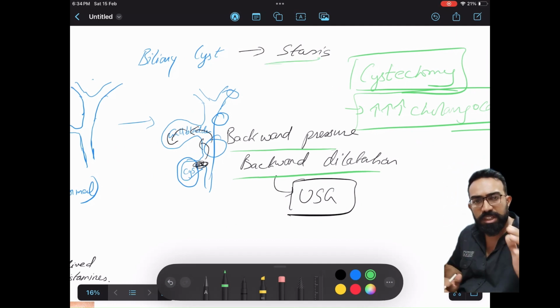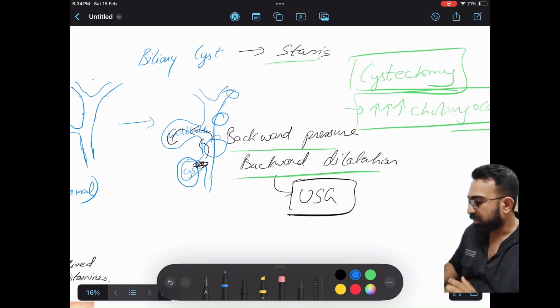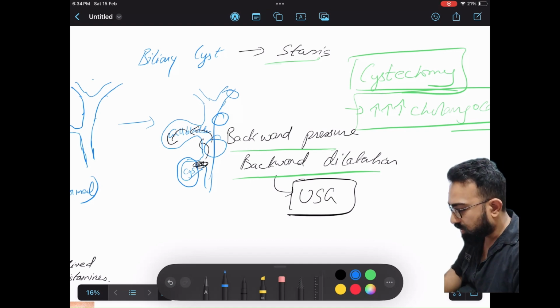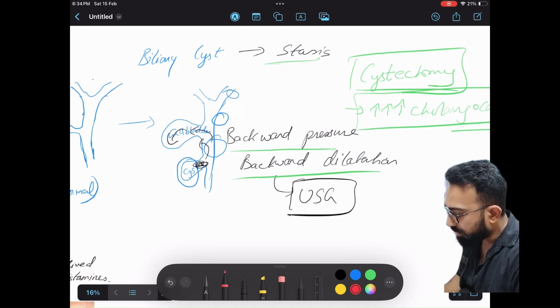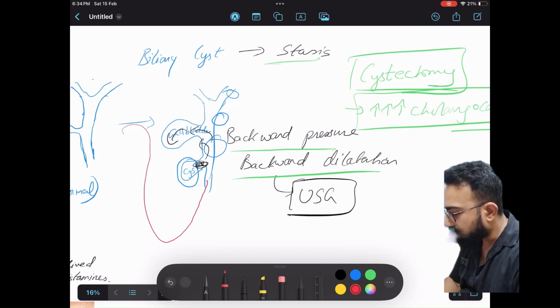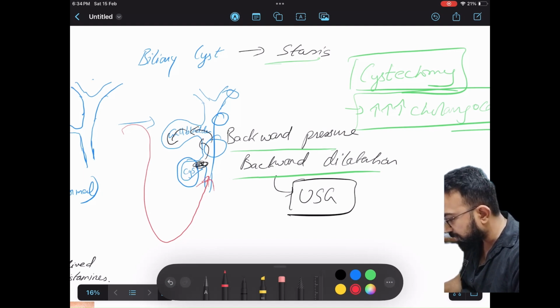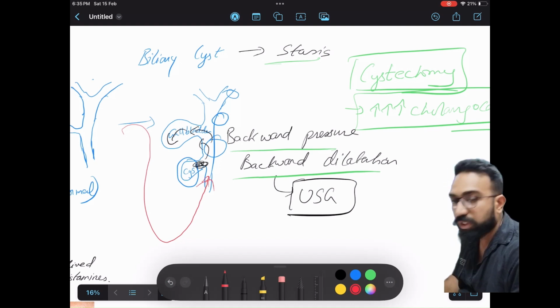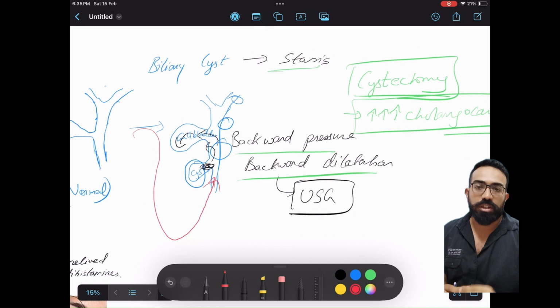But will you immediately remove the cyst? No. Because there is backward pressure, backward dilation, stasis, and jaundice, first you will go inside with an ERCP probe and relieve the obstruction.